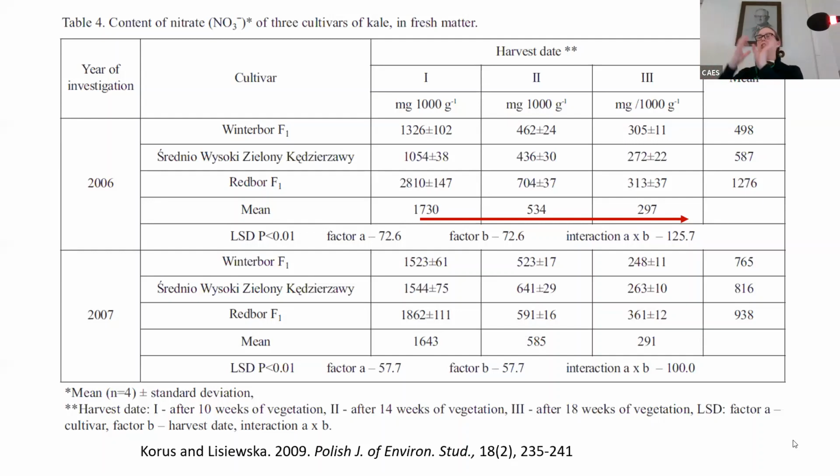So is it older leaves or younger leaves? Are you looking at the rib on the leaf or the leaf part itself? So it's actually a really complicated question. But what little I've been able to find suggests that it could be really important to look at nitrate levels in some of these crops, especially if you're getting 4, 6, 9, or even more harvests out of a single plant.